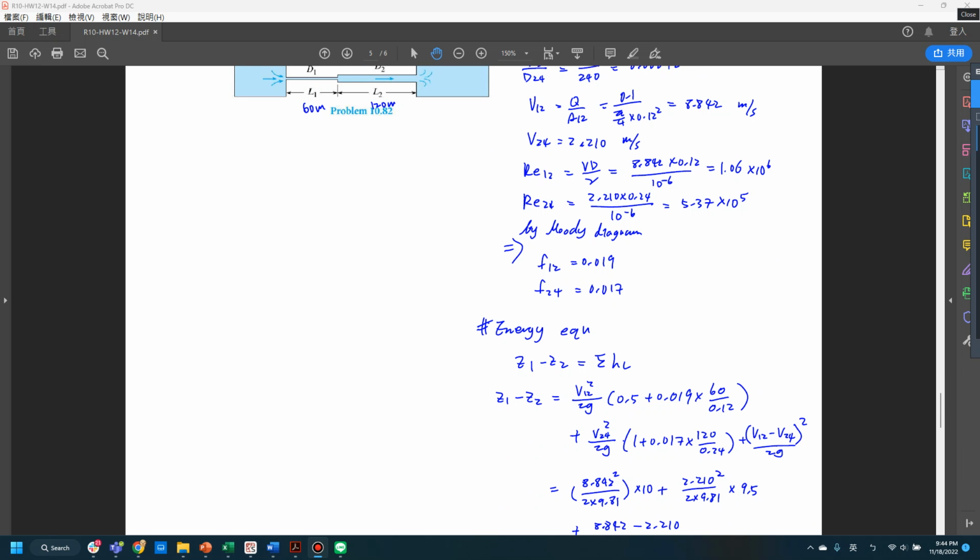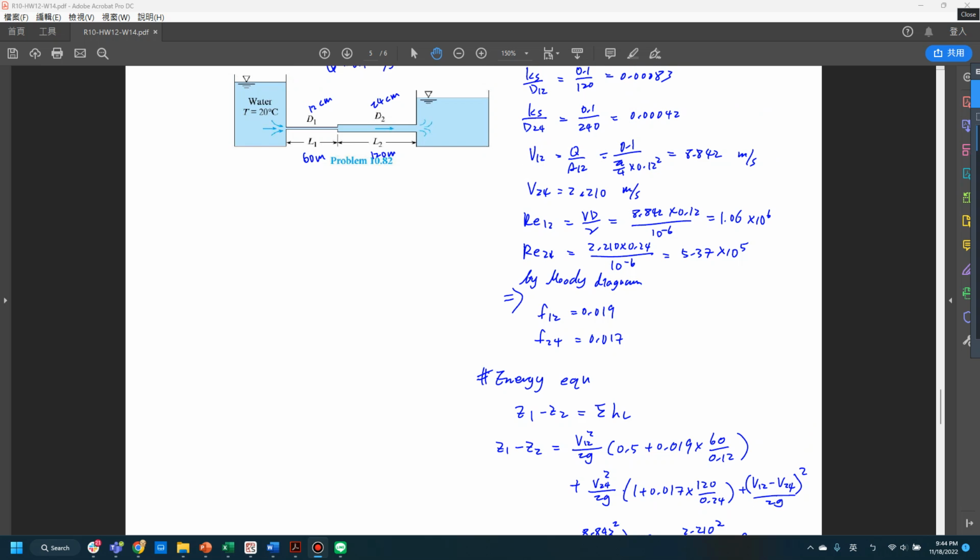Then you can go back to the energy equation and expand the summation of the head losses into the friction head loss at pipe 1, the abrupt expansion between pipe 1 and pipe 2, and the friction head loss at pipe 2.